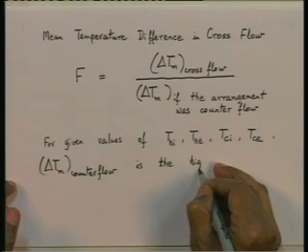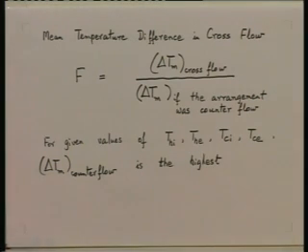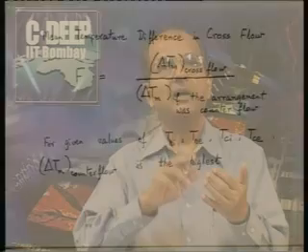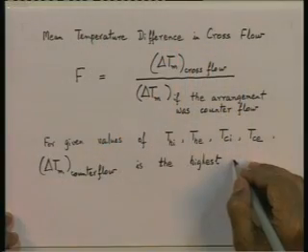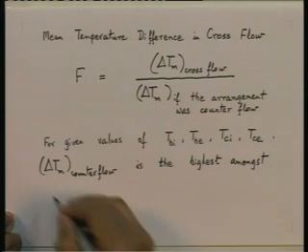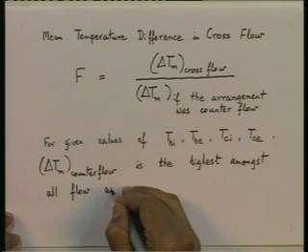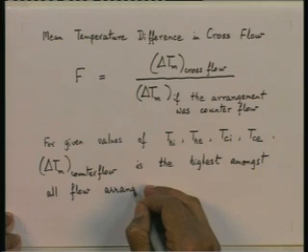That is, for given values of these 4 quantities, if I calculate delta Tm in parallel flow, in counter flow, in cross flow for any of the 3 cases, what I will find is the delta Tm in counter flow is the highest amongst all flow arrangements. This is what we will find.